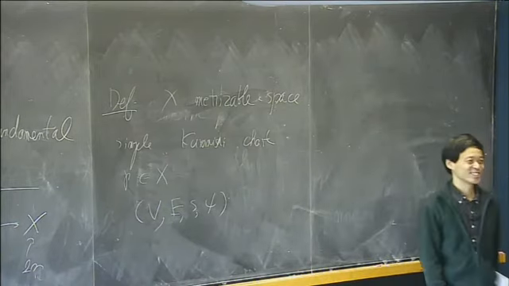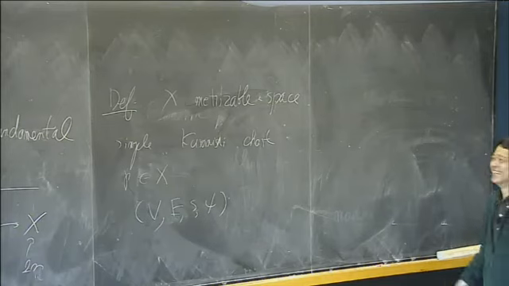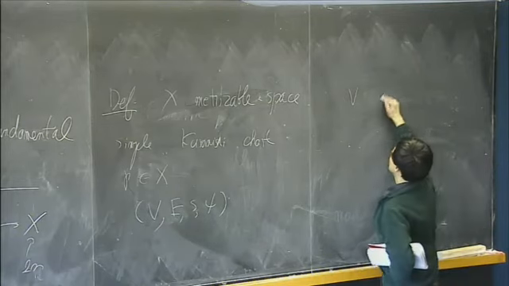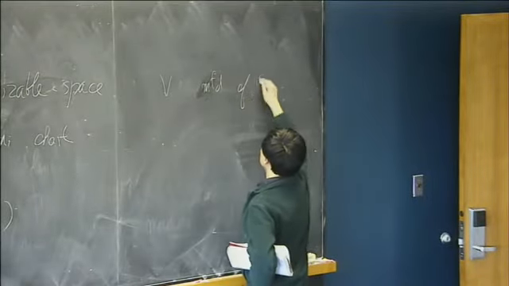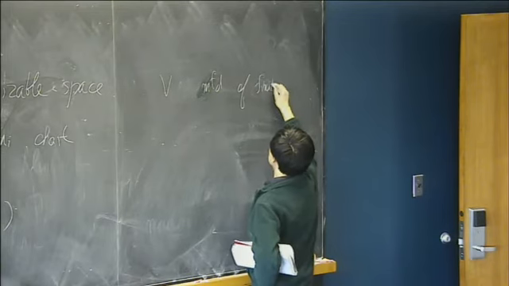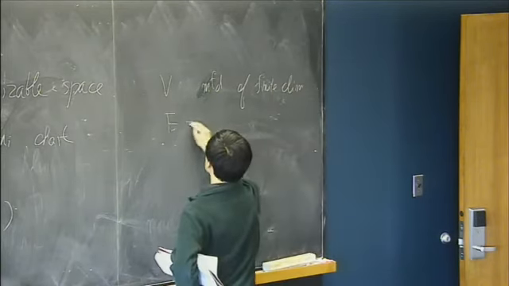So maybe I can never define a Kuranishi structure while you are here. This V is a finite dimensional manifold, not necessarily compact. It's typically open. E is a vector space of some dimension.